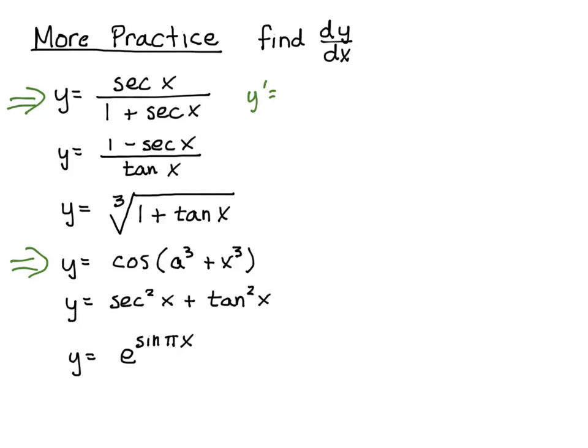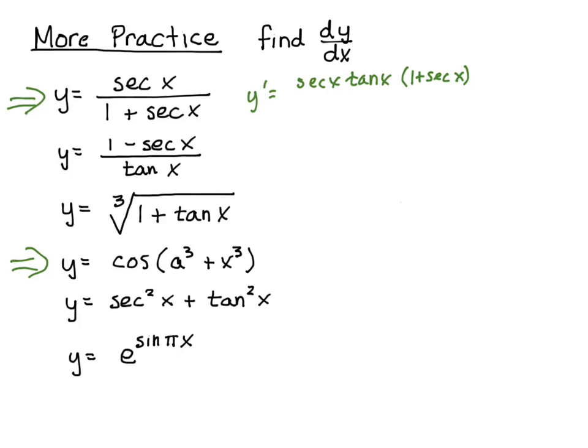Y prime is the derivative of the numerator, which is the derivative of secant, the secant of x times the tangent of x, and then times the denominator, which is 1 plus the secant of x.